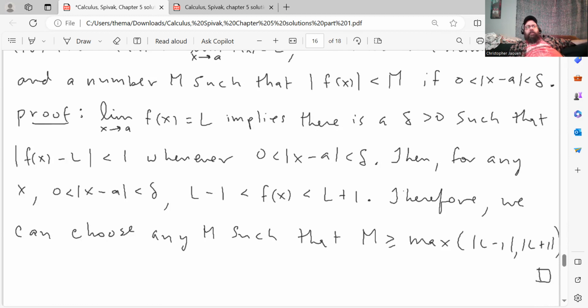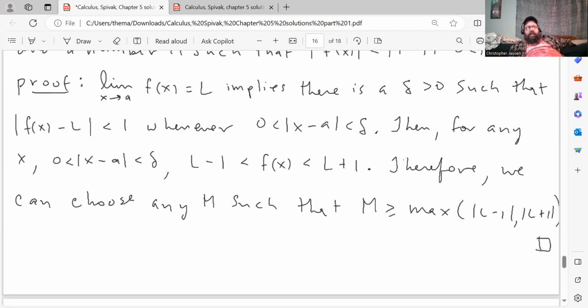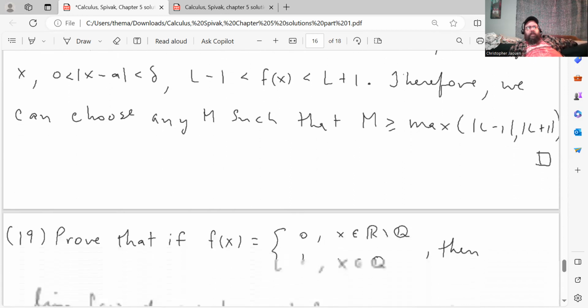Then for any such x, f of x is between L minus 1 and L plus 1. Therefore, we can choose any m such that m is greater than or equal to the maximum of absolute value L minus 1 or L plus 1. So it follows from that.